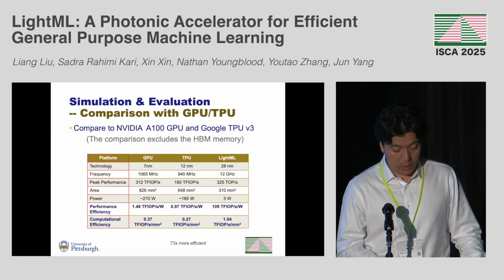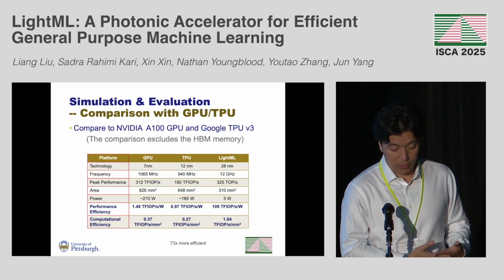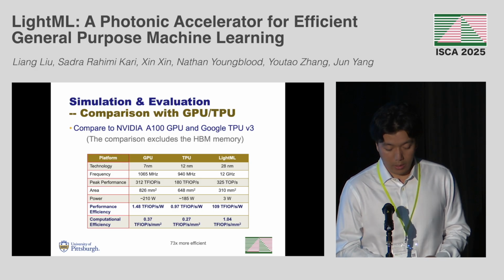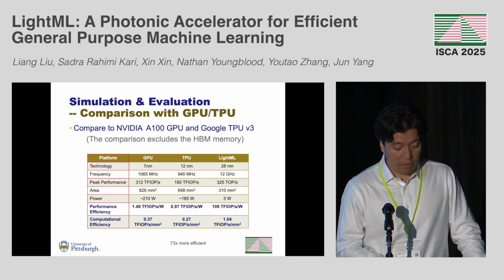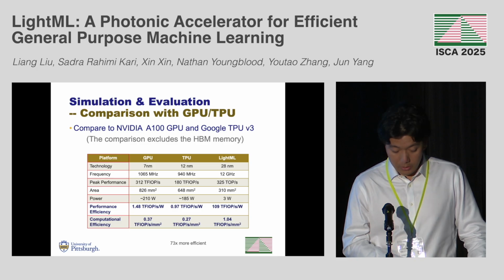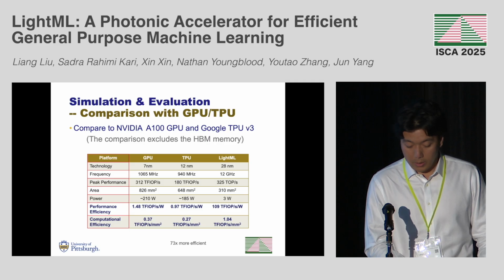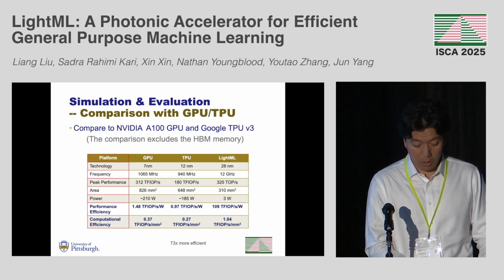Here, we list the comparison to today's more popular devices like the NVIDIA A100 GPU and the Google TPU v3. First of all, our device does not rely on very advanced fabrication technology; we only require about 28 nanometer technology.